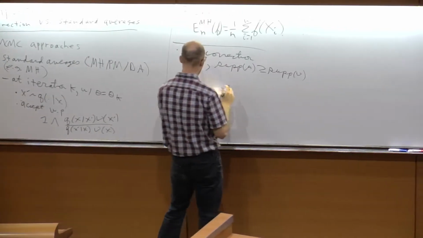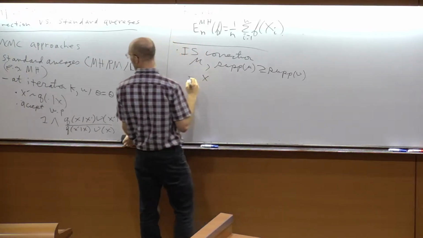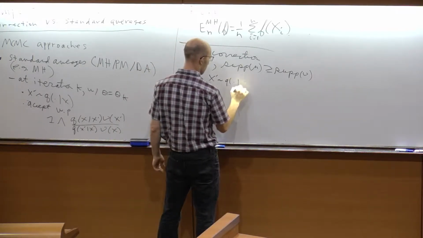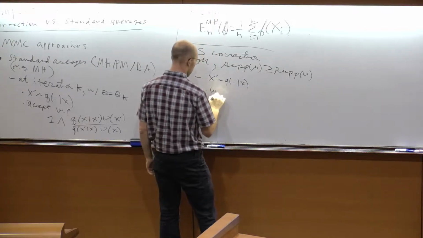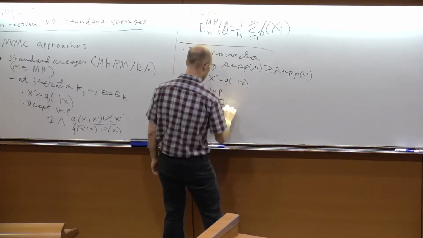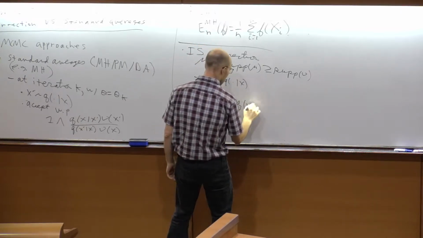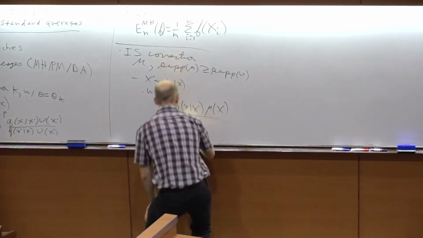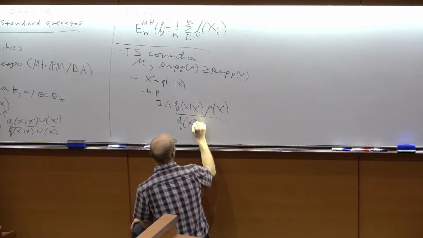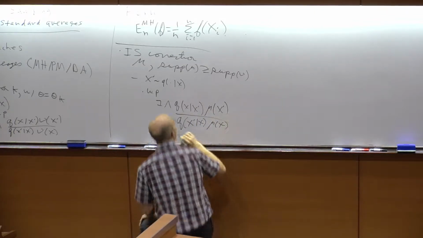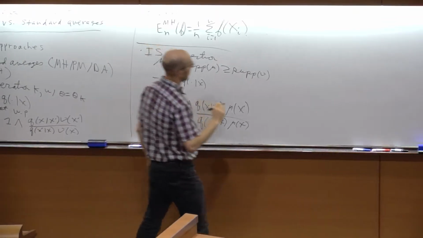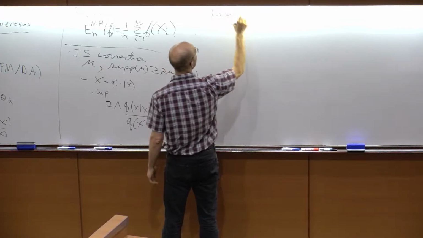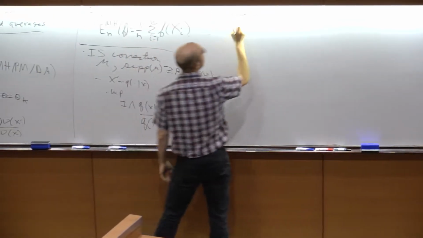So x, and as before, with probability, with this probability, we accept. And then we run this algorithm, and there's a phase 2 afterwards.